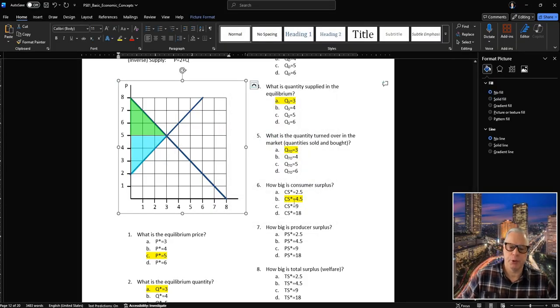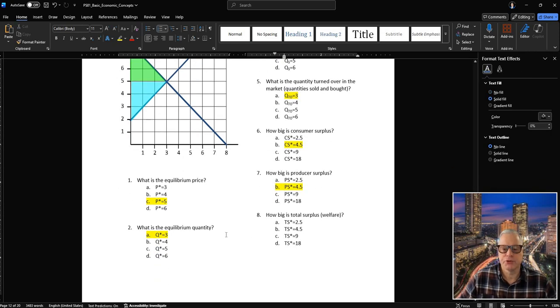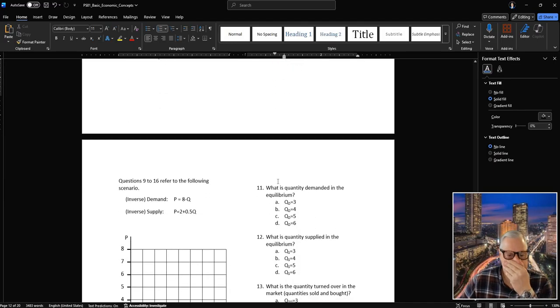Which is also 4.5. So total surplus is obviously 9. Okay, so that was pretty easy. So now let's take a look at the next one.